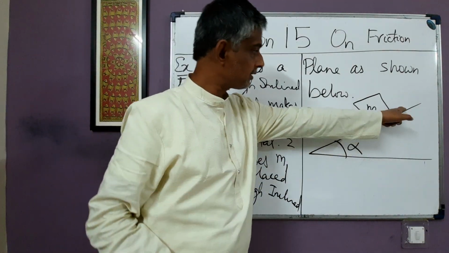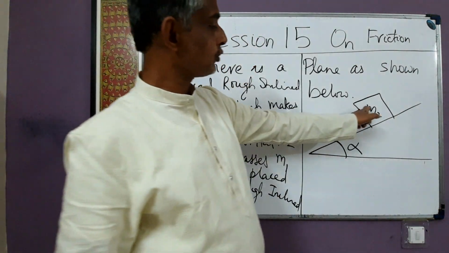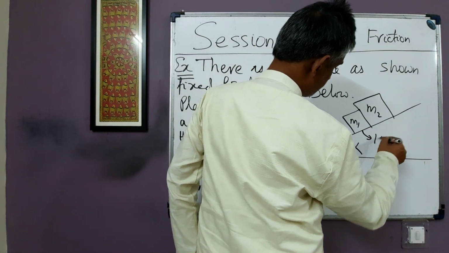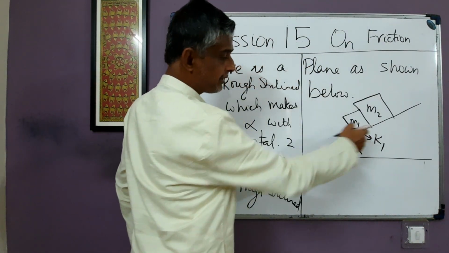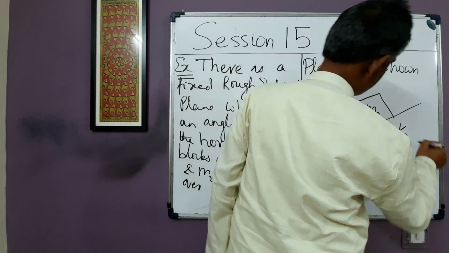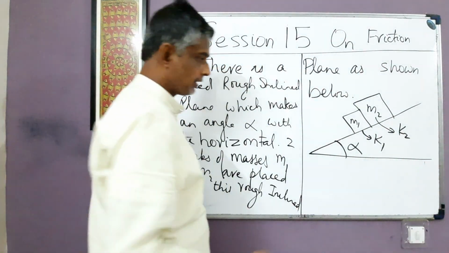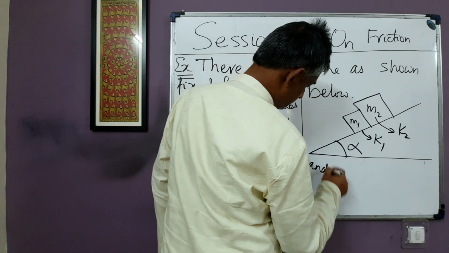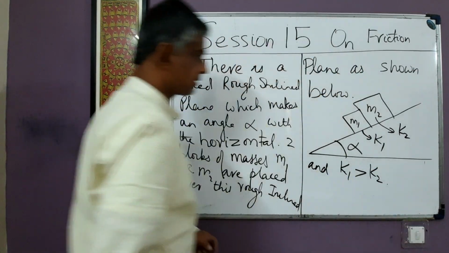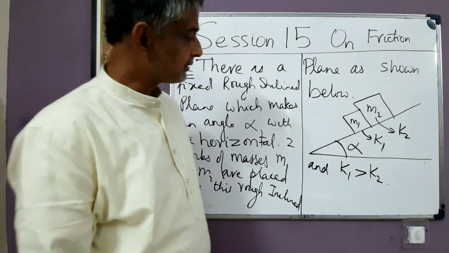Both are in contact over this rough inclined plane and they are also in contact with each other. The friction coefficient between block m1 and inclined plane is k1 and that between block m2 and inclined plane is k2. It is given that k1 is greater than k2. Now two things we have to find out.